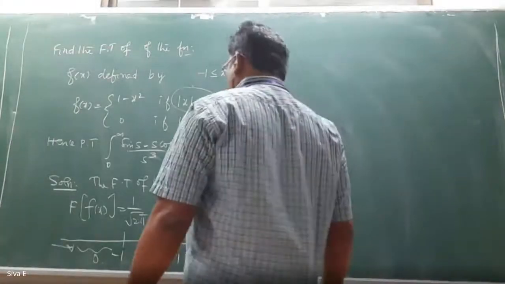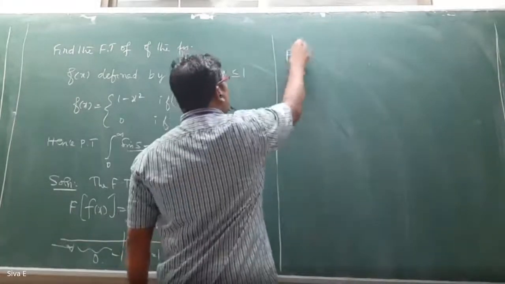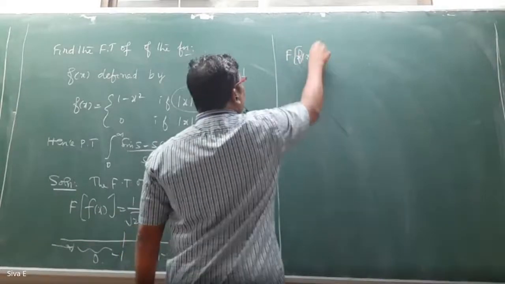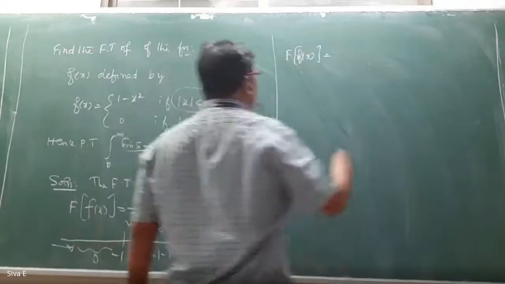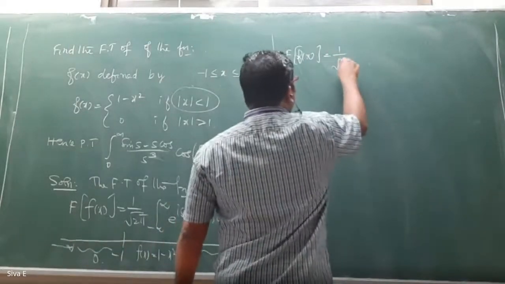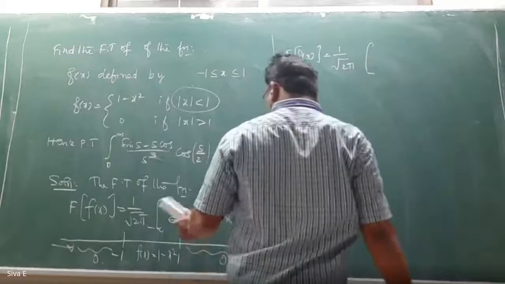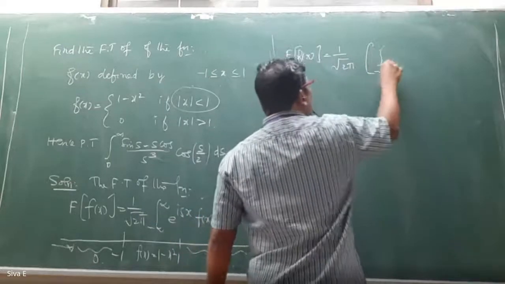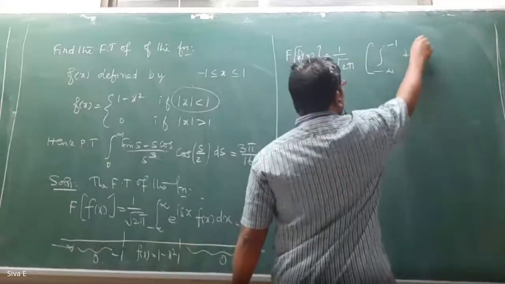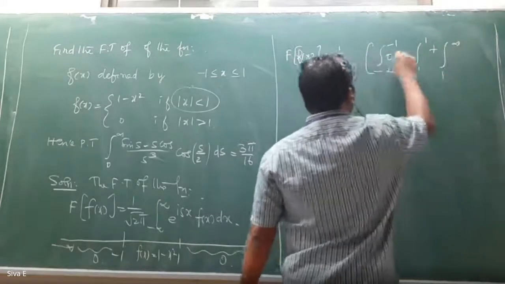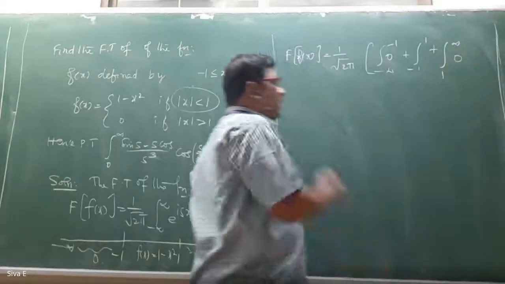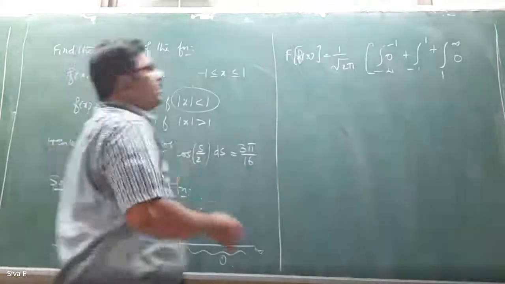So here we can write F of s equal to 1 by root 2 pi. That minus infinity to plus infinity can be divided into minus infinity to minus 1, minus 1 to plus 1, and 1 to infinity. In these two intervals f of x is 0.